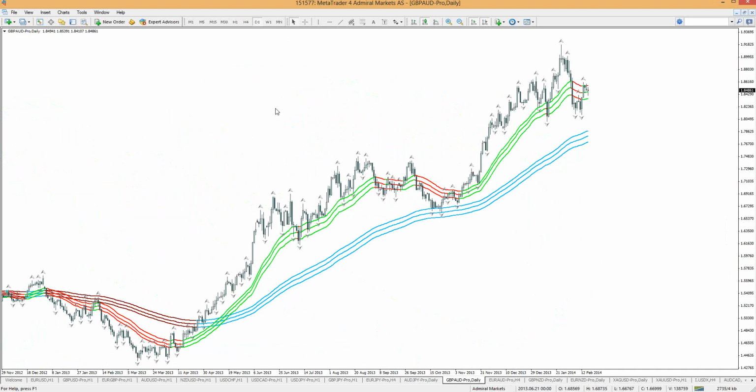So basically this move down could have been a move back to support. And we had a most recent bounce off of this support level right in here. So the question is, can we break and continue? That is the question on this daily chart.